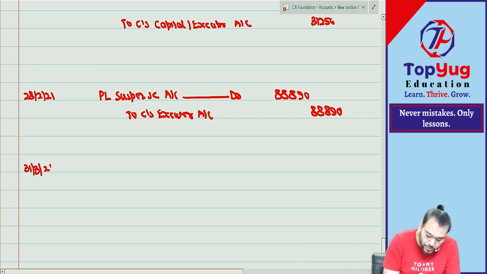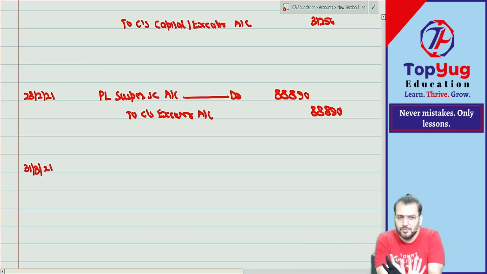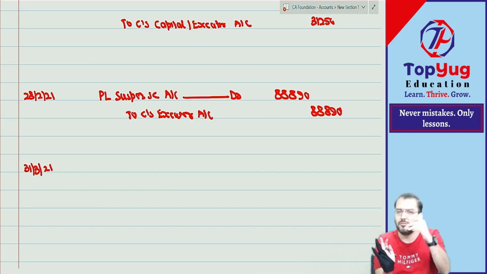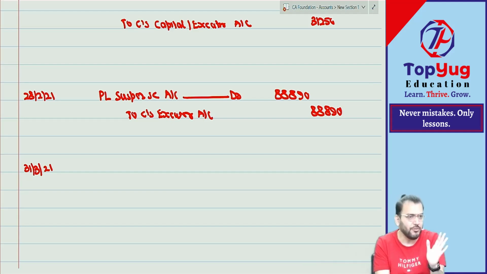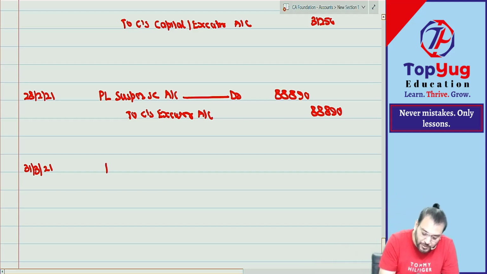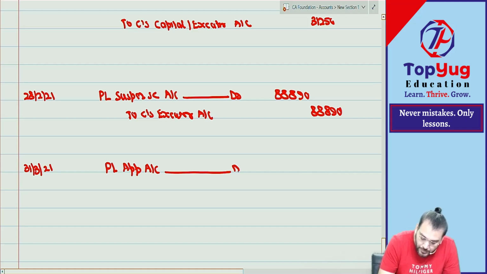31st March 2021. Now I'm just preparing journal entry for PL appropriation account. Means for payment I am not doing journal entry. Correct now. Only to inform you how to prepare PL appropriation account. So now we'll prepare which account? PL appropriation account. What was the total profit? 3 lakh.